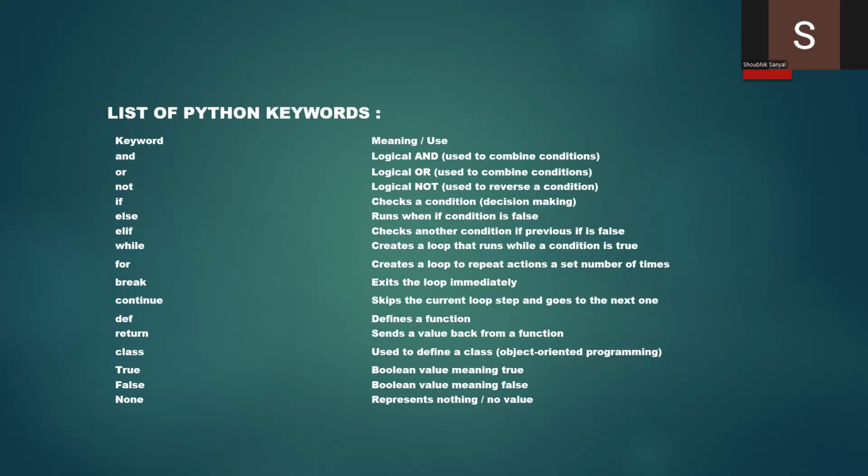I cannot use continue for my own purpose apart from the purpose defined in Python. So that is the reason keywords should be used according to the program definition. That means the keyword has already been predefined in the Python library. So according to the definition, we have to use the keyword, not according to our definition. All right.